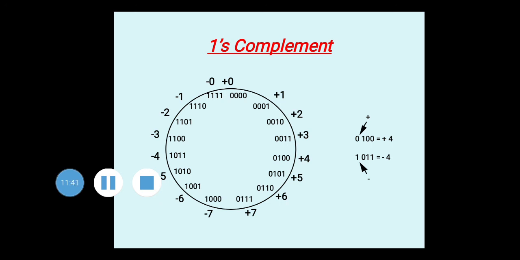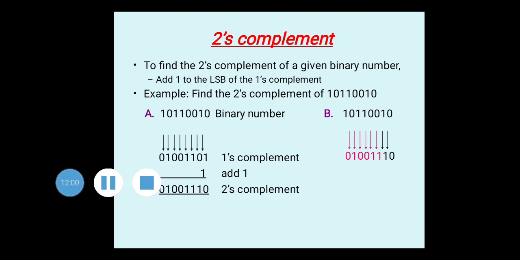So the final -4 is equal to 1011. This is the ones complement method. So remember, any binary number is given, replace 1 with 0 and 0 with 1, and that is your ones complement method. Now we'll come to the next method, that is the twos complement method.